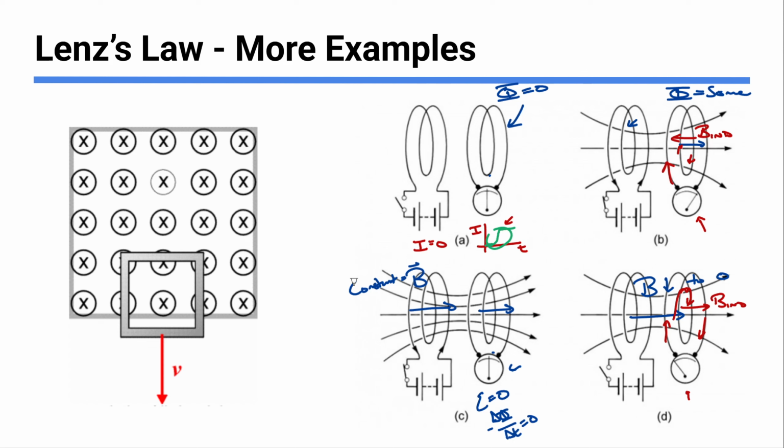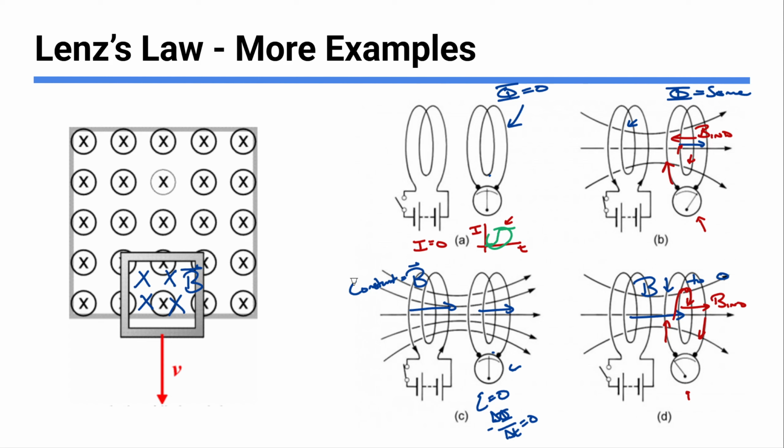Okay, here would be the idea. Currently, at this split second freeze frame in time, inside of the loop, there is a flux. There's a whole bunch of spaghetti pointing through the loop this way, into the screen. So the magnetic field currently through the loop is pointing in. There's a certain amount of flux inwards.